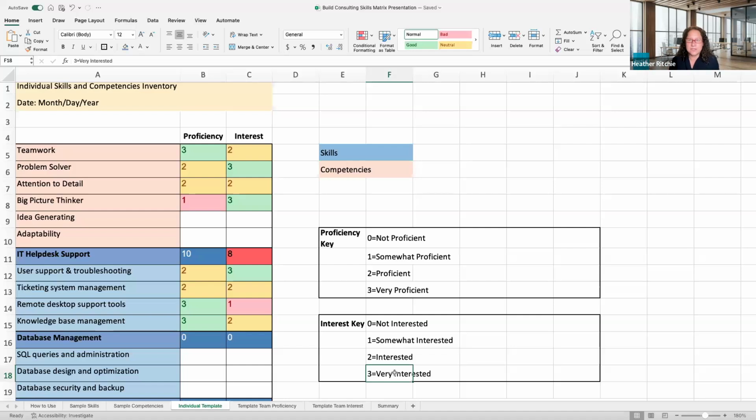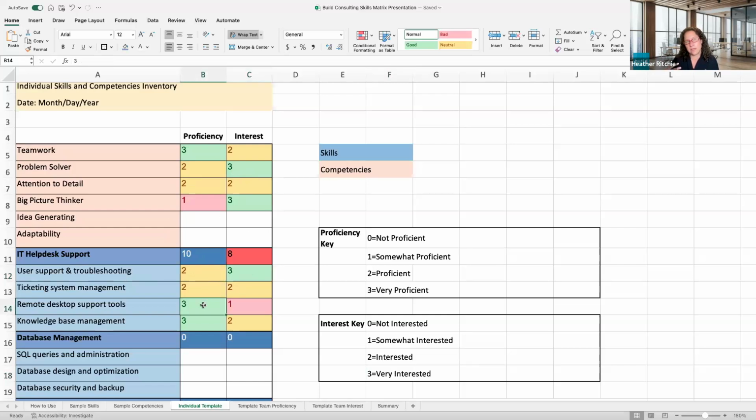So you can have fun with this as well. And so you would note your proficiency and your interest and do the same here for your help desk support. If I'm in the role in IT that does some of this work, I might say, I'm okay at it. I could get better, but I'm really great at doing this other skill.